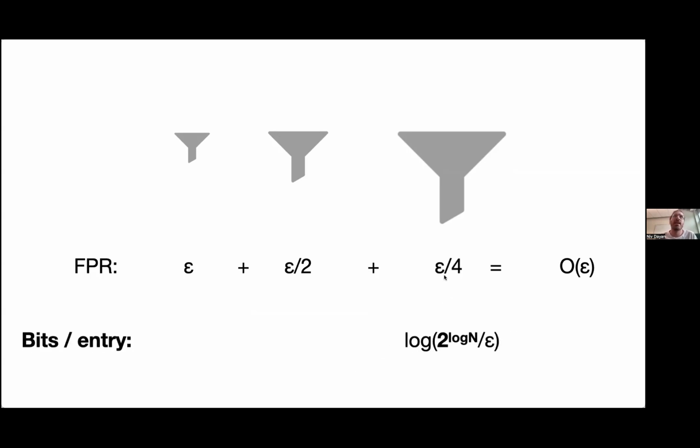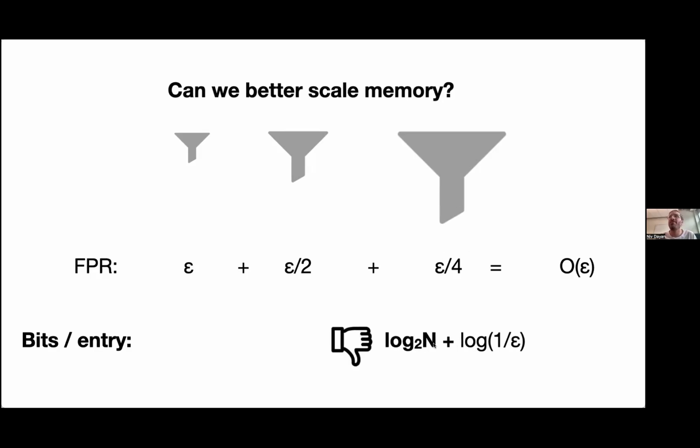And there are ways of analyzing this, and I won't really get into all the details, but basically, the following expression is a good summary of the number of bits per entry that you need for the filter at the largest level. And if you simplify that, you end up with the following. So with this kind of approach, geometrically decreasing false positive rates, you need log n number of bits per entry, in addition to the initial number of bits per entry that you started with for the filter.